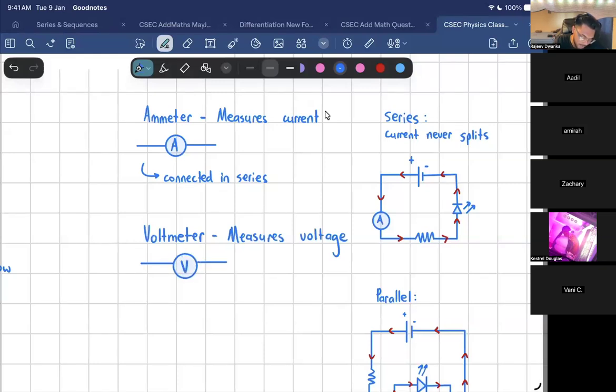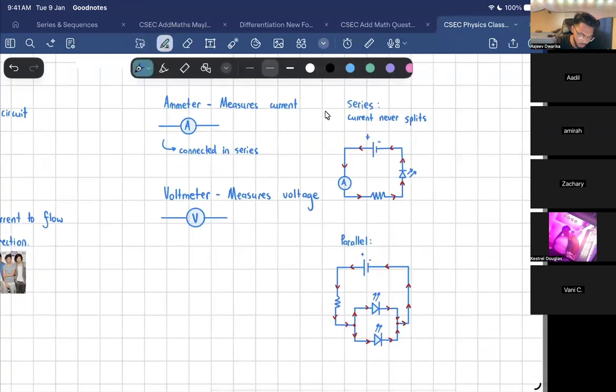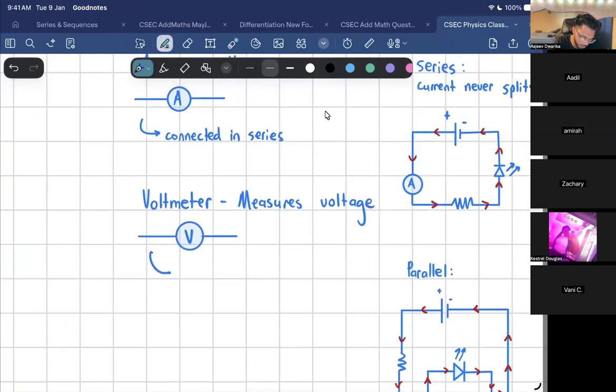Probably wondering why. All right. What's another word for voltage? Anybody can tell me? I'll give you a hint. Potential difference.